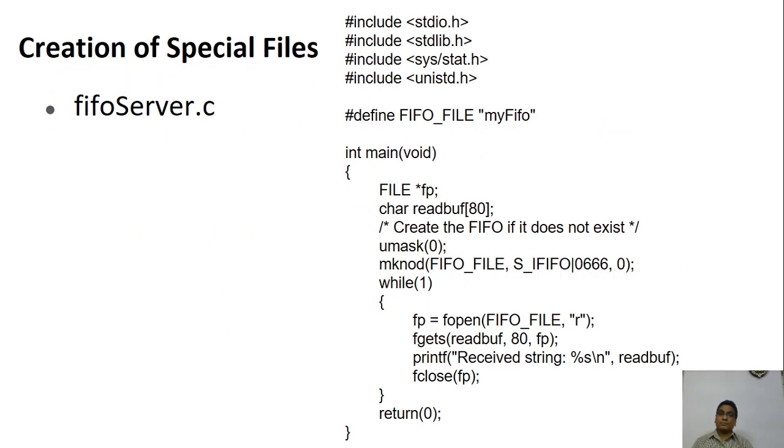So let's look at how it is done in a simple way. In this particular example, there are two processes. One is the server process that reads the content from the client.